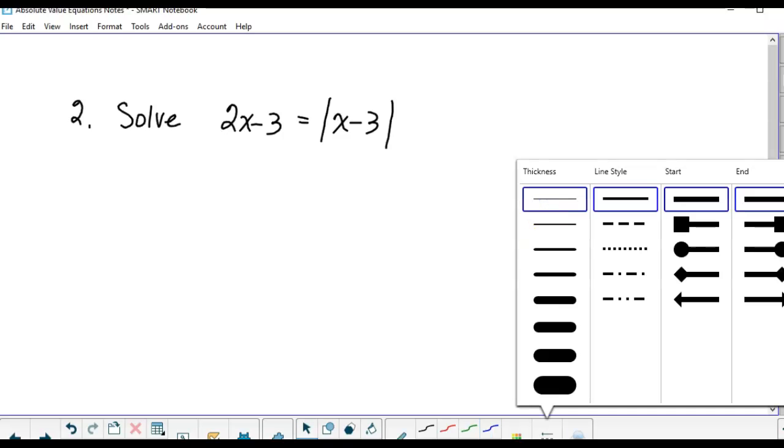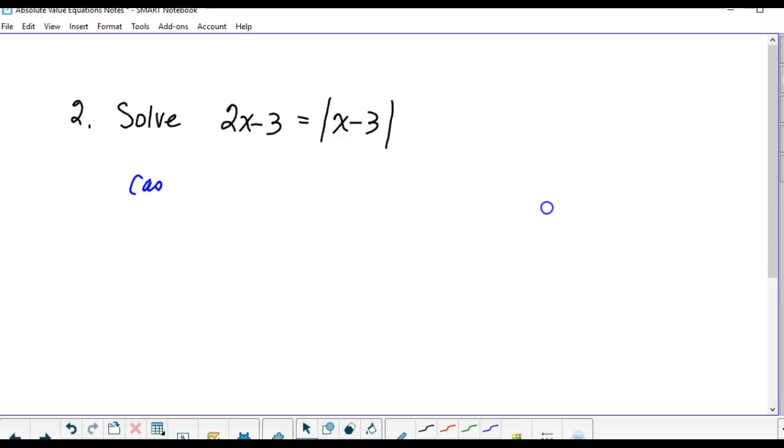So x is your variable. We actually don't know exactly what sign that's going to be. It depends on what x is. So your first case, if this is positive, when you take the absolute value, it doesn't change. So one of the cases is where nothing changes. So just basically take away the absolute value signs.